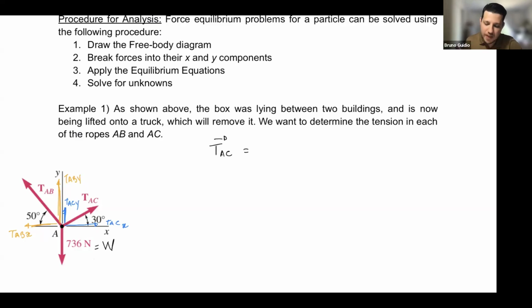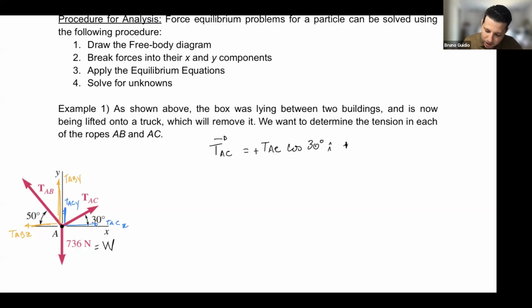What is the magnitude of this vector? I don't know, I'm trying to find it. Sine or cosine of 30? Well, 30 is measured from the x-axis, so cosine of 30, positive, going to the right.